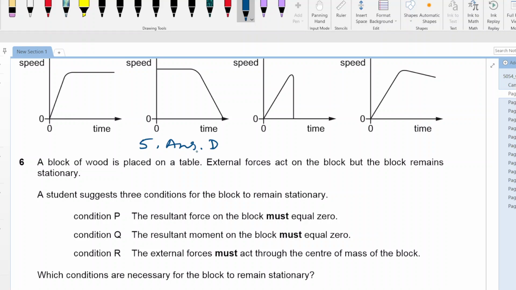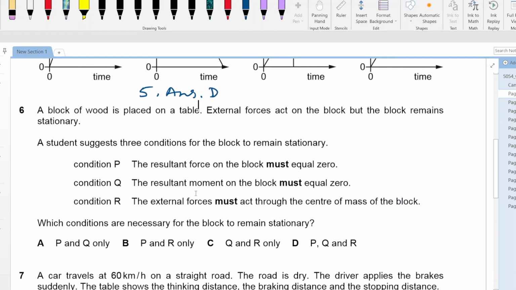Condition Q, the resultant moment on the block must equal 0. Condition R, external forces must act through the center of mass of the block. Which conditions are necessary for the block to remain stationary?